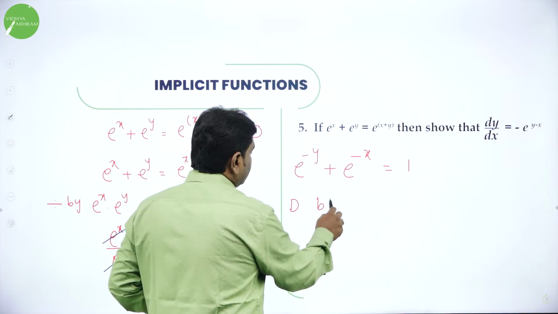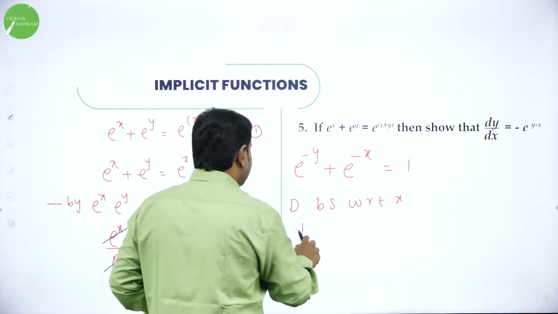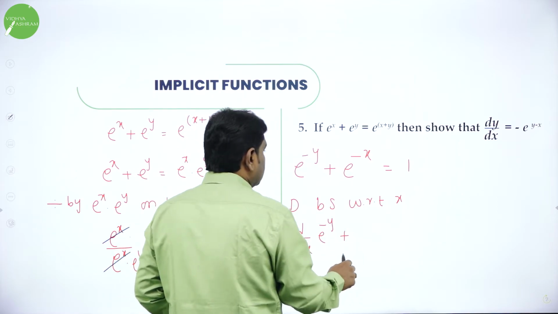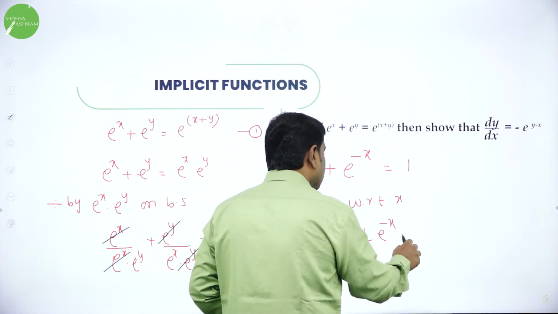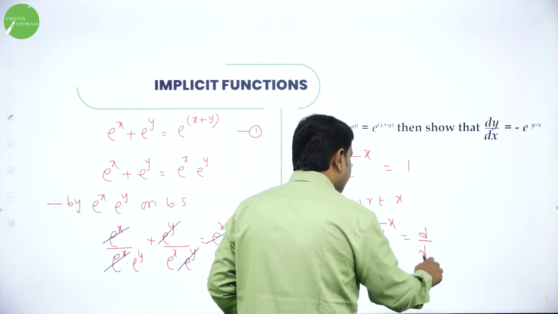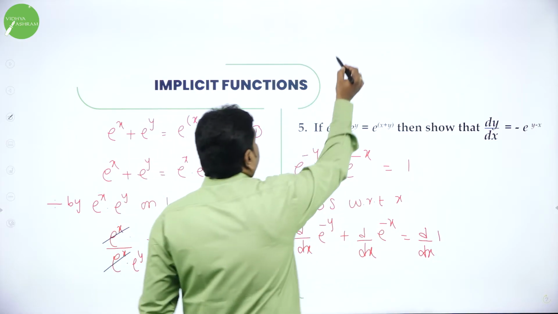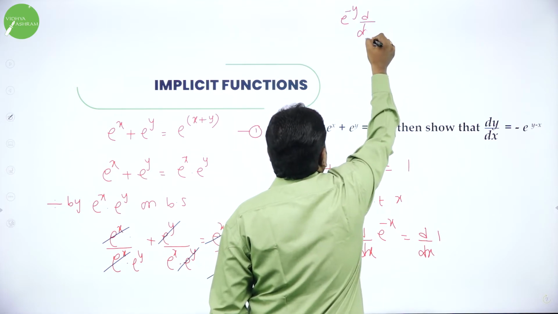So differentiate both sides with respect to x. See, d by dx of e power minus y plus d by dx of e power minus x is equal to what? D by dx of 1. Now simplify this further. So d by dx of e power minus y is e power minus y into d by dx of y.